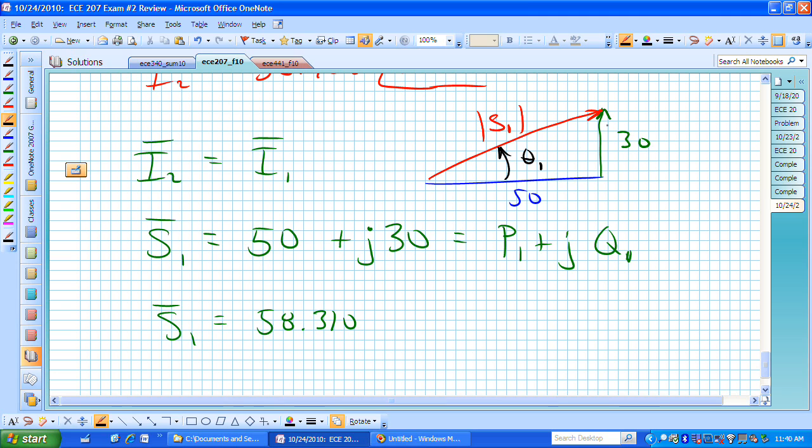So we're really just finding the hypotenuse of that right triangle to find this polar form version of the complex power.